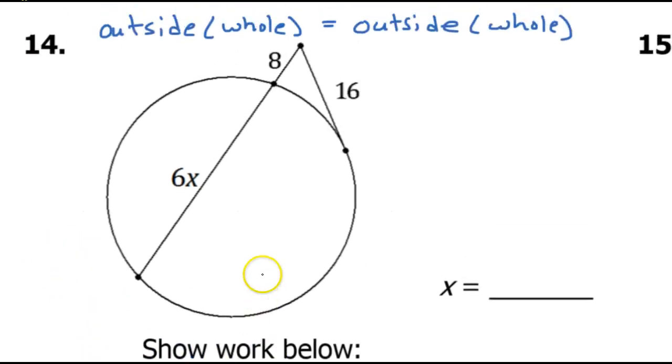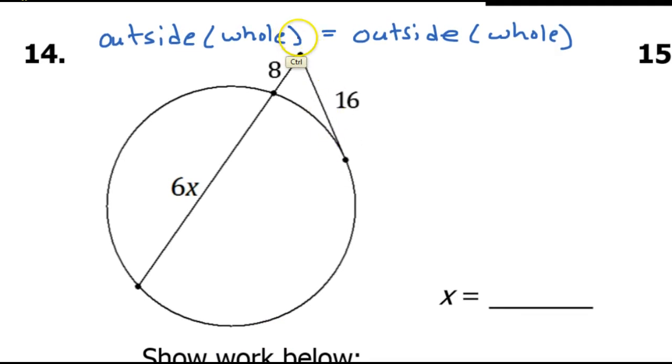Now, that has to equal the outside times the whole thing for the other segment. Now, this is a special case because it is a tangent. It doesn't go inside the circle, so it doesn't create two segments. I only have one segment. That means that this 16 is both the outside and the whole thing.